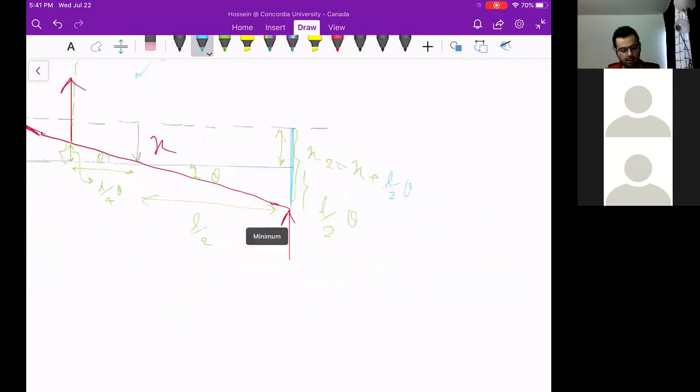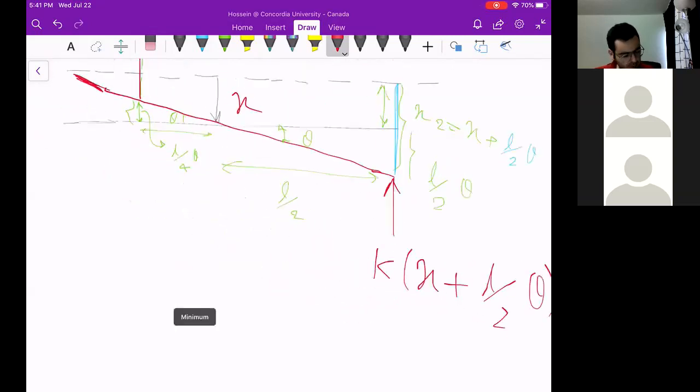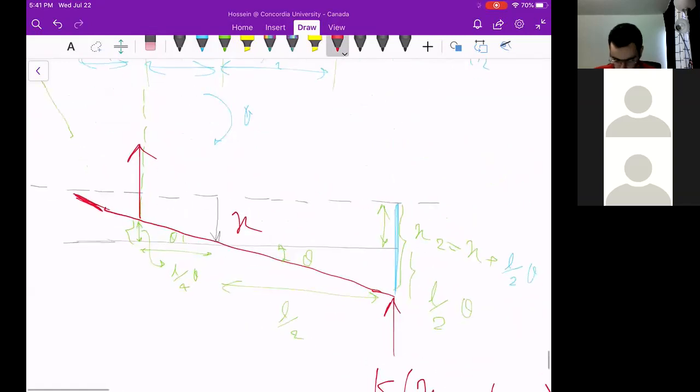Therefore, the spring force for the right spring is going to be K times x plus L over 2 theta. Similarly, for the spring force which opposes this motion on the left, the deflection we have to relate from the point where we start the motion, so it is going to be x minus L over 4 theta.